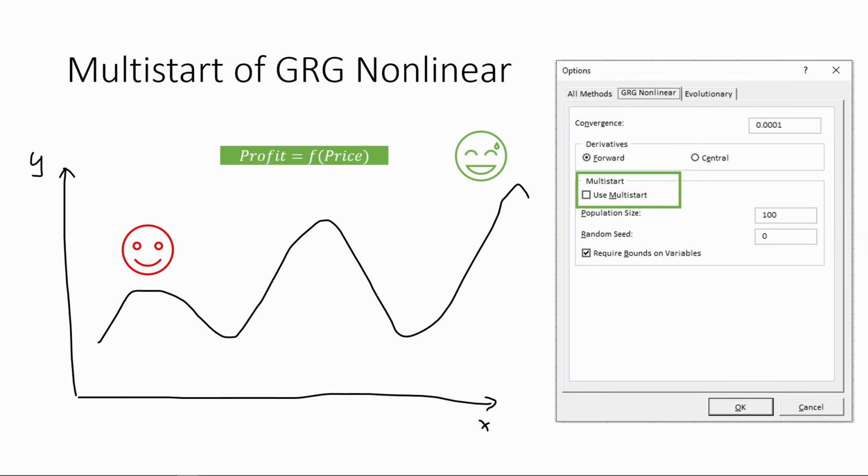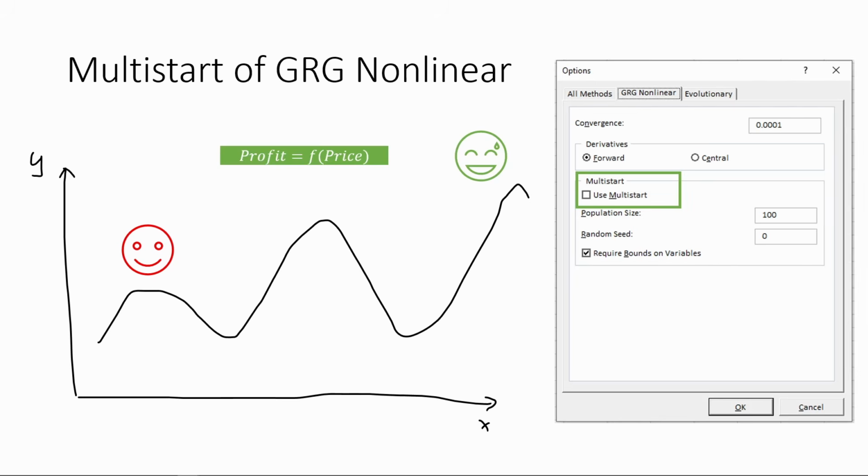That's why it's usually a good idea to allow multistart when you use the GRG nonlinear solving method. This is especially relevant when your profit function is complicated and you are not sure how the curve shapes up. For the current problems that we're solving, there's only one peak for profit, so we're relatively safe even without multistart, but overall it's a good practice to allow multistart.